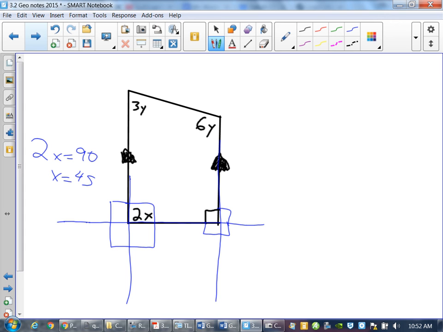All right. Solving for y is a little bit different. They're on the same side on the inside, so they have to add up to equal how much? 180. So 3y and 6y. What's y?